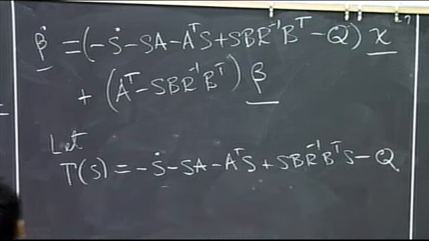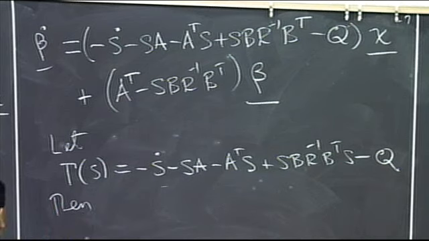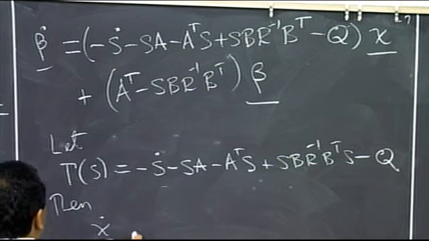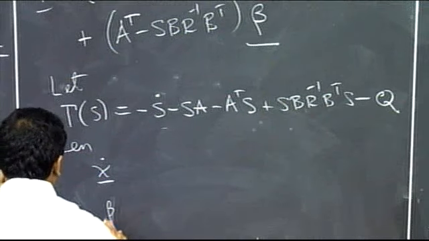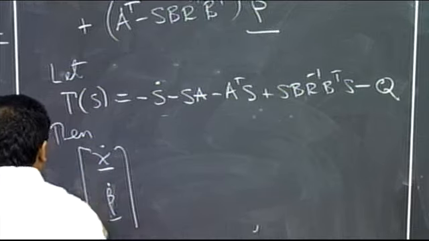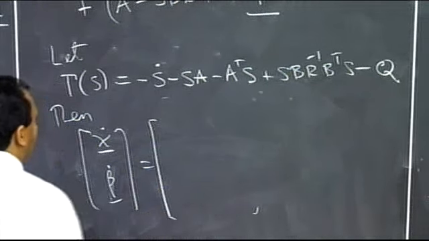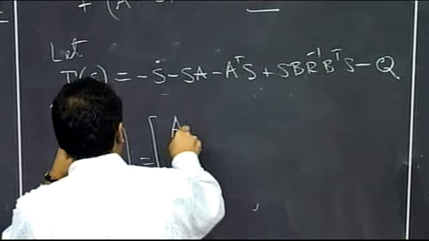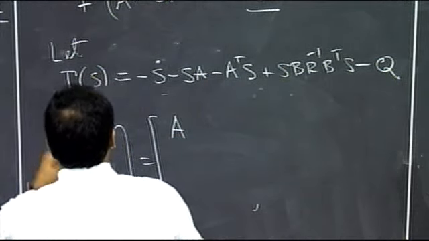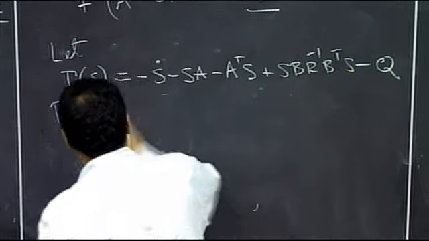So if I do that, what we get is X dot and beta dot together are going to give me this system. Let me do the full substitution on X dot first, too.